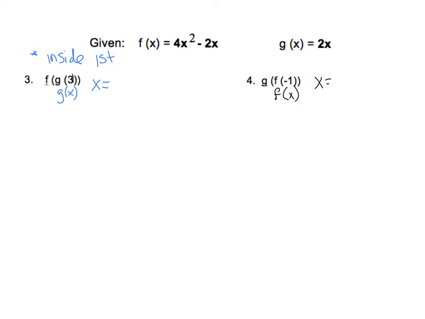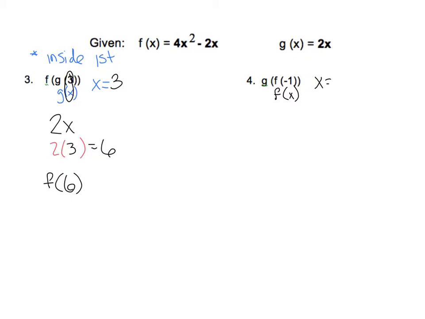So g of x, so x in this case is going to be equal to 3. G of x is 2x, that's the expression. But we know x is equal to 3. So really you have 2 times 3, which equals 6. Now that's not our final answer though, okay? Now what we have done is change this into an f of x problem, or f of 6, because that's the result that we got when we did the g of 3.